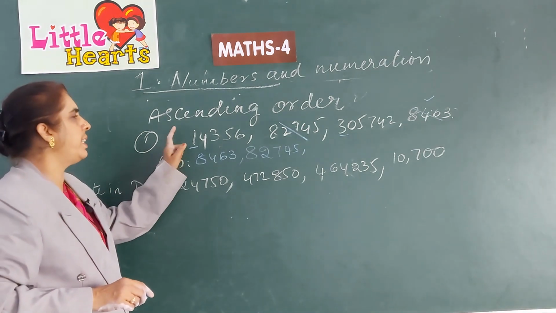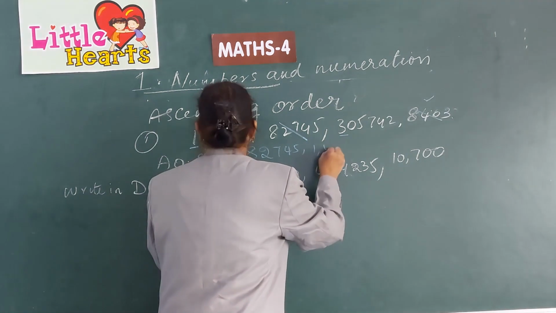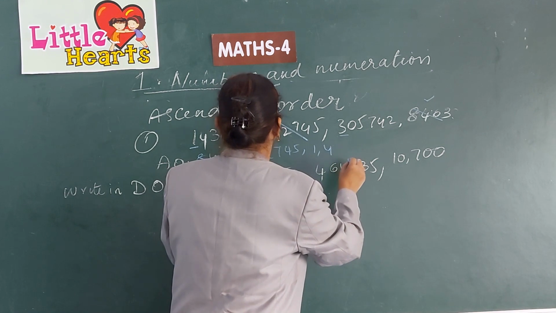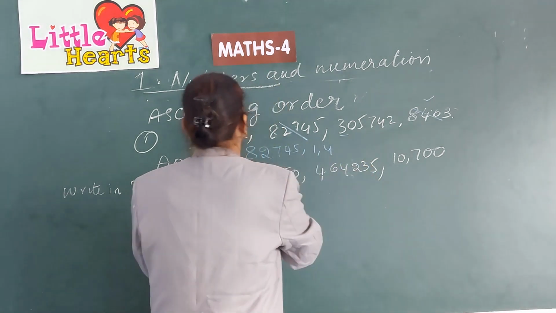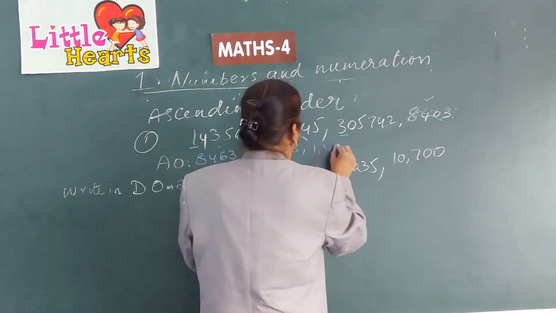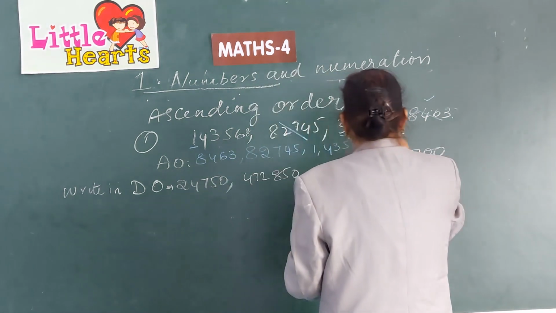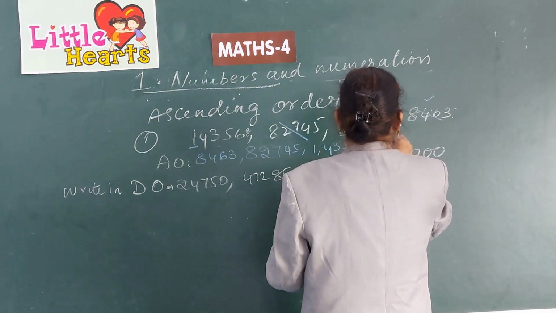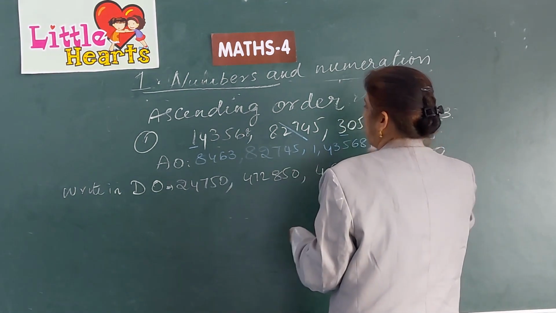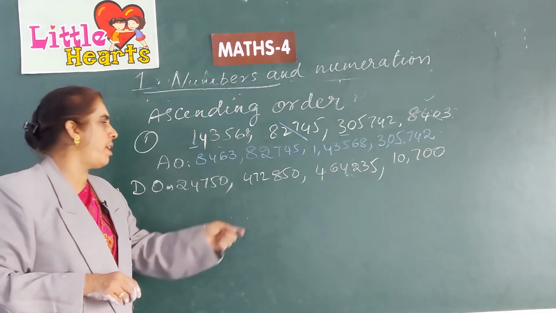So 1 is less than 3, so this comes first. 1,43,000, 1,43,568, and this is 3,05,742. So in this way you can arrange the set of numbers.